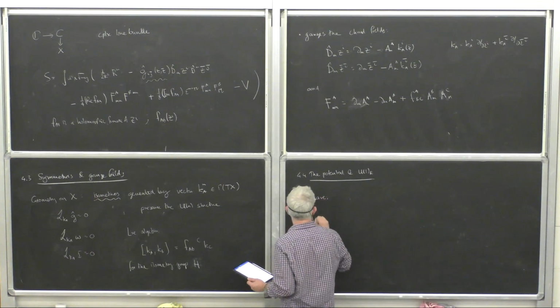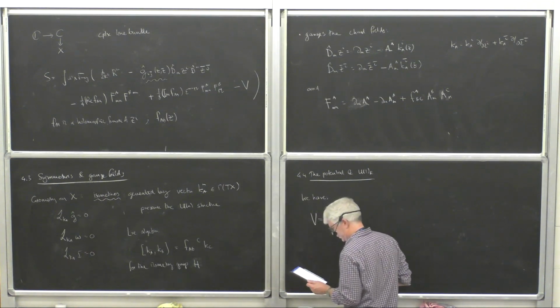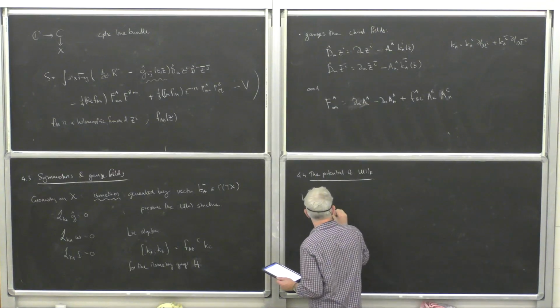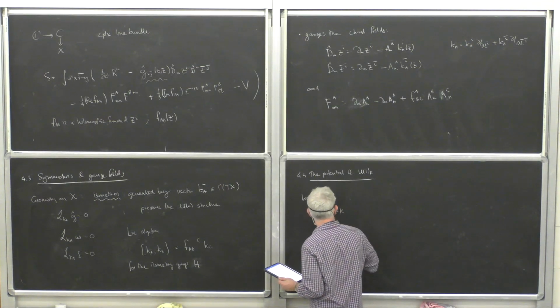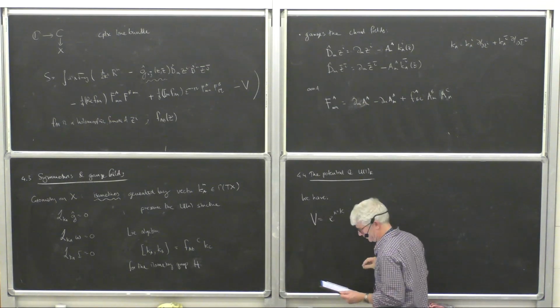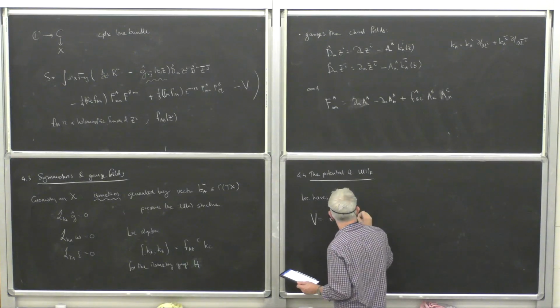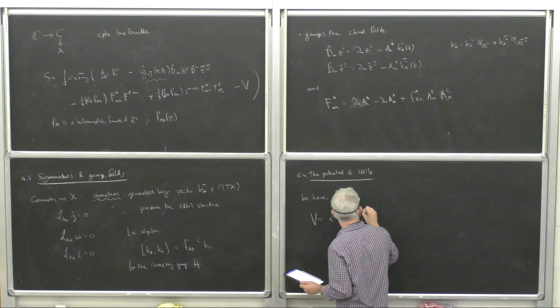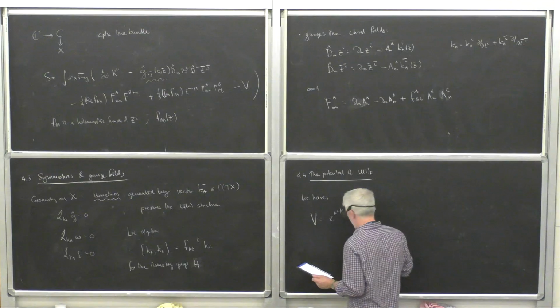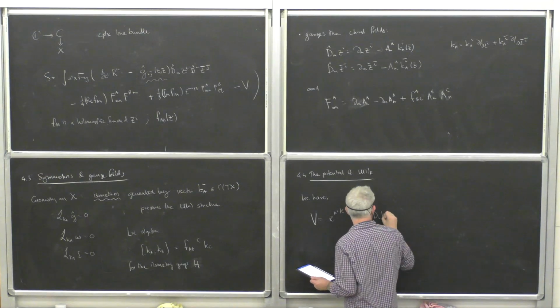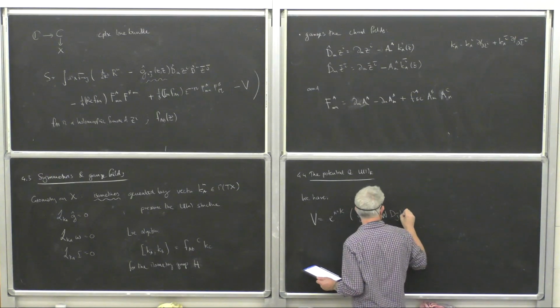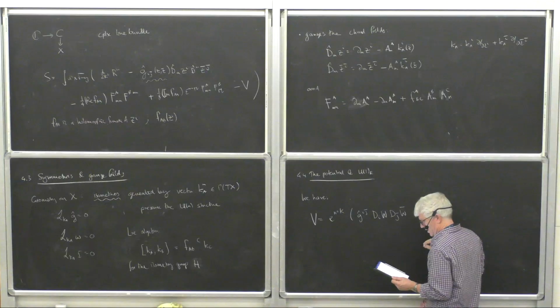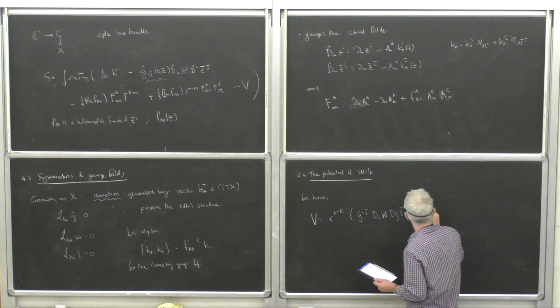The potential takes the following form: e to the kappa squared K, that's the Kähler potential, times this hat metric g_ij bar. Then I have some more derivative things, and I've got some new function W.